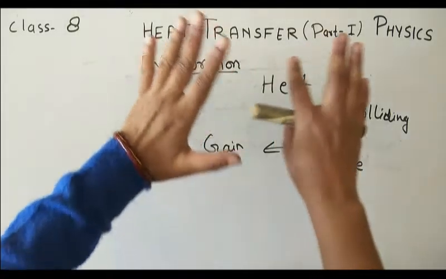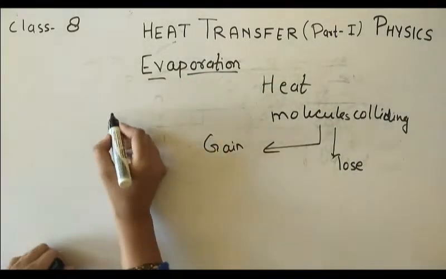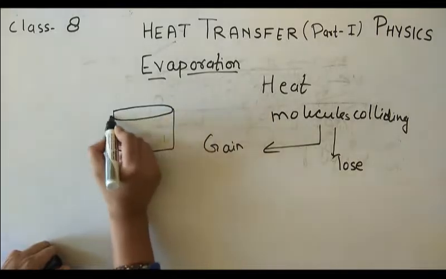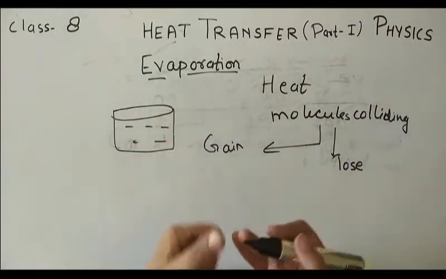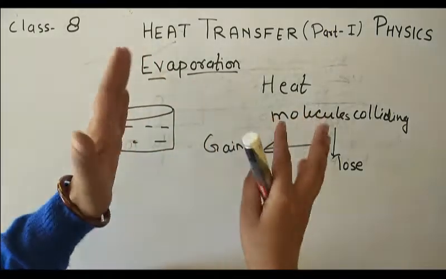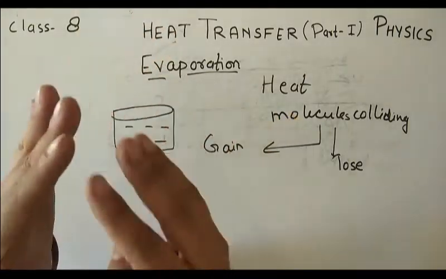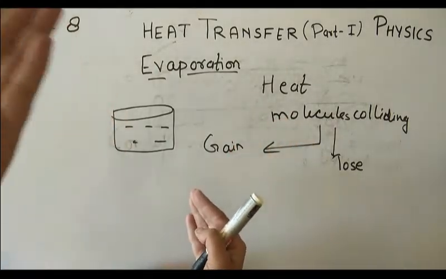Okay, so when the molecules of the surface gain energy, suppose this is the vessel and here the boiling takes place, the surface molecules gain kinetic energy on colliding, they have sufficient energy so that they can break the bond of the liquid and escape from the liquid.